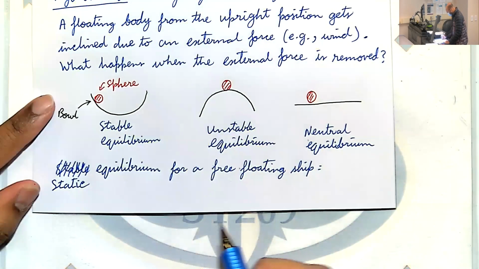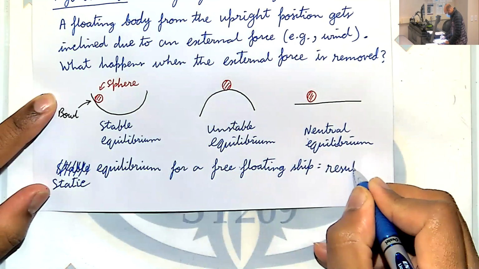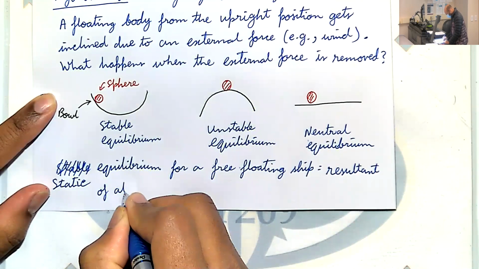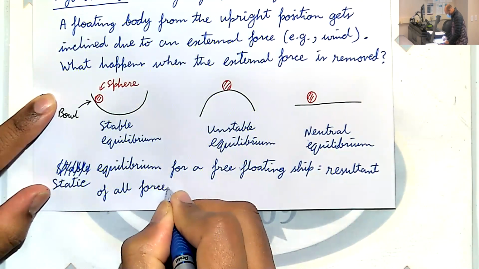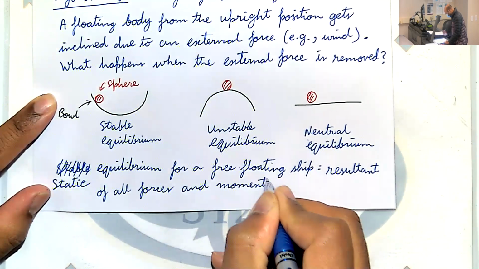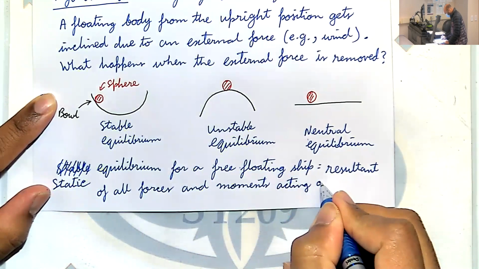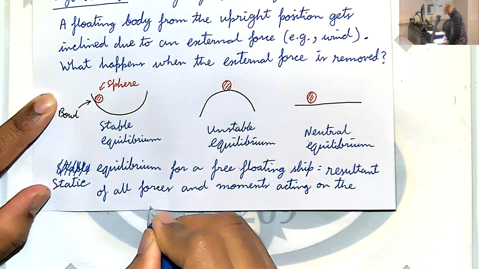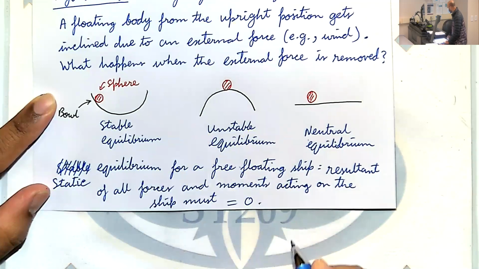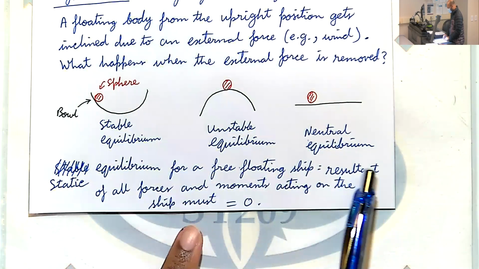So static equilibrium means the resultant of all forces and moments acting on the ship must equal 0. Okay. The resultant, that's an important one.